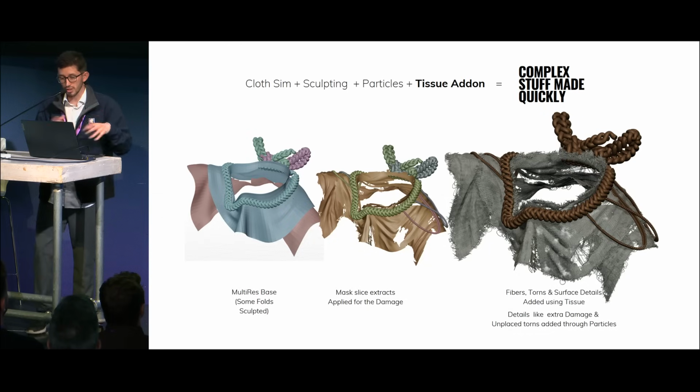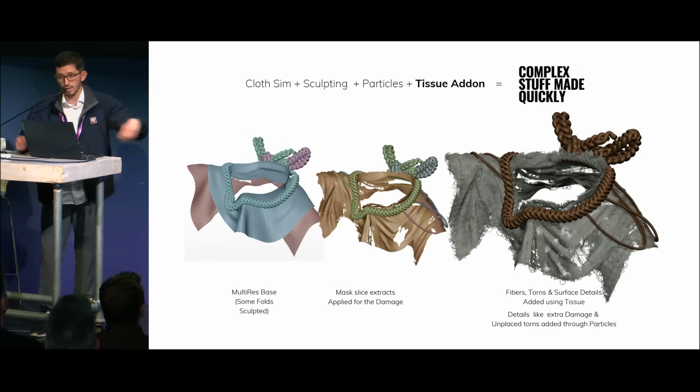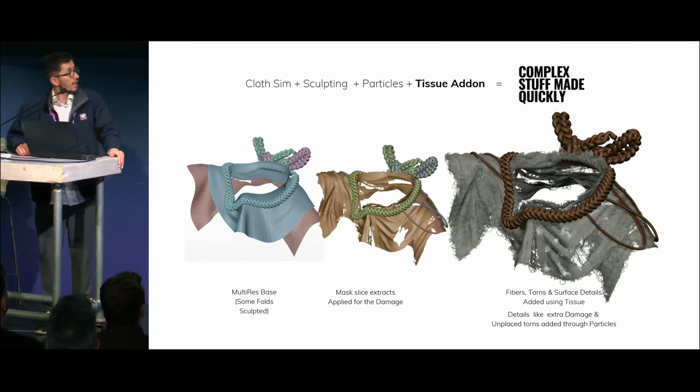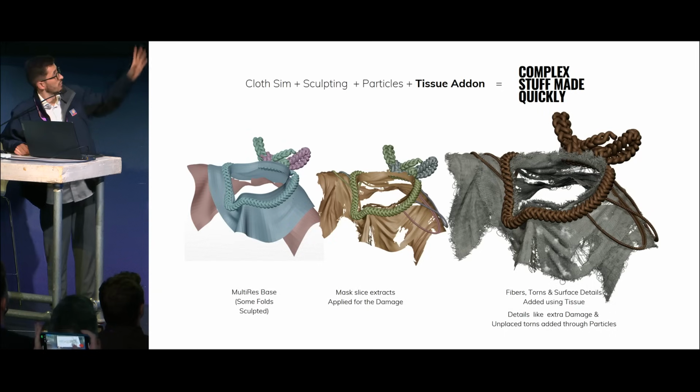With those simulations, the plan was to have a blockout shape to get some folds and interesting things. Then I applied a multires modifier and started polishing the folds and the details that I wanted to include in that part. Then I applied the multires, and in the sculpting mode, I masked the parts that I wanted to get rid of, like the damaged details.